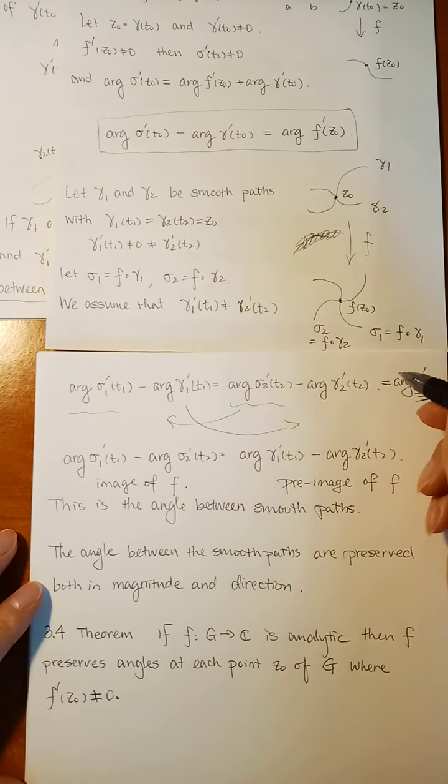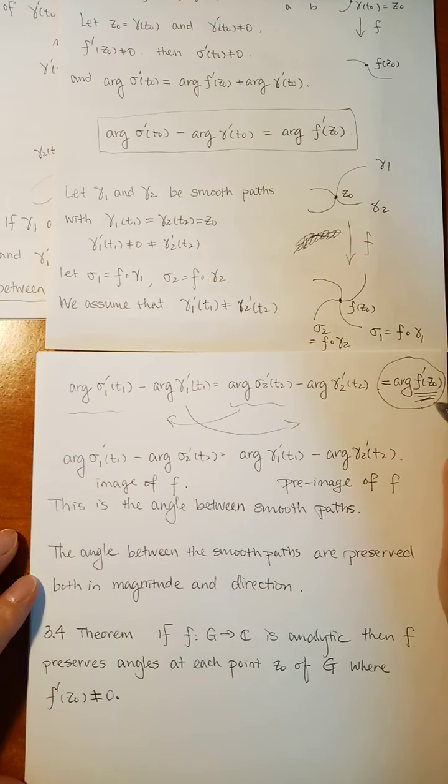Even though it looks like you don't have it in the proof, you just didn't write it down. So that is Theorem 3.4: analytic functions will preserve angles at the points where the derivative is not equal to 0.